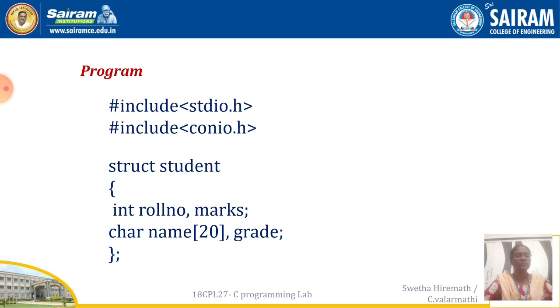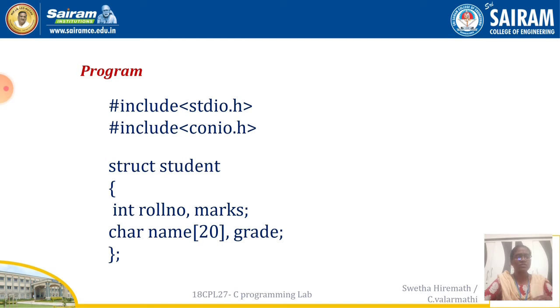So with this we have declared four important variables, called members of the structure student. The first is roll number, second is mark, third is student name, and fourth is grade. Now we have created one structure called student.